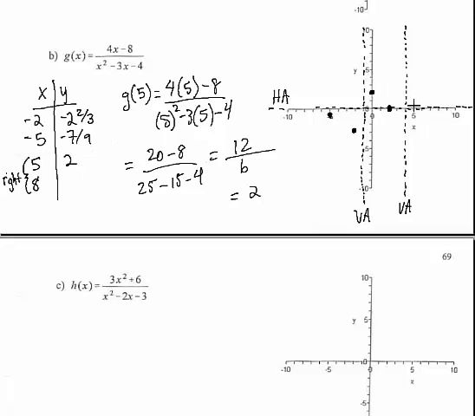So at 5 we have 2. Just double checking. 15 minus 4, that is 10 minus 4 is 6. Yep. Okay.